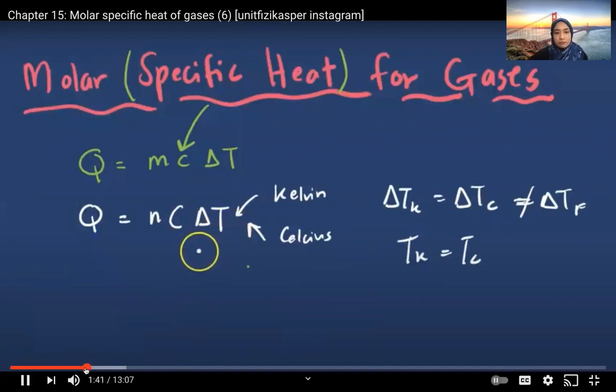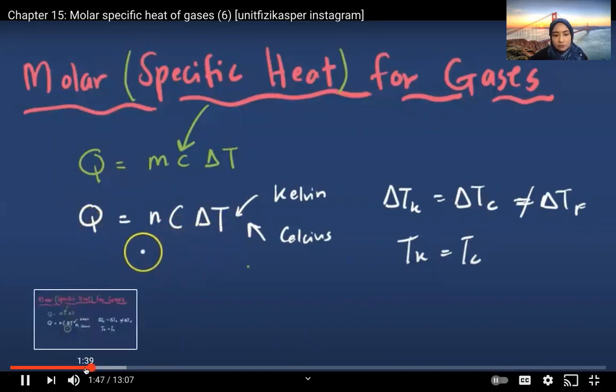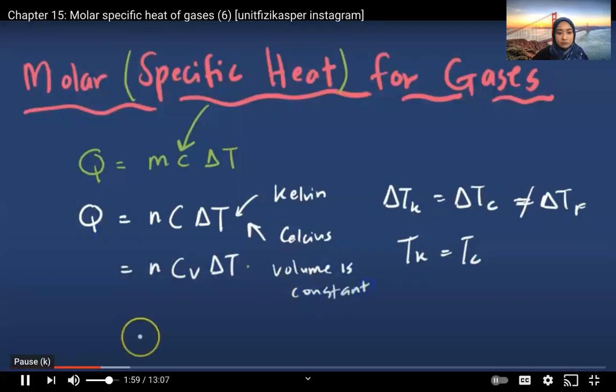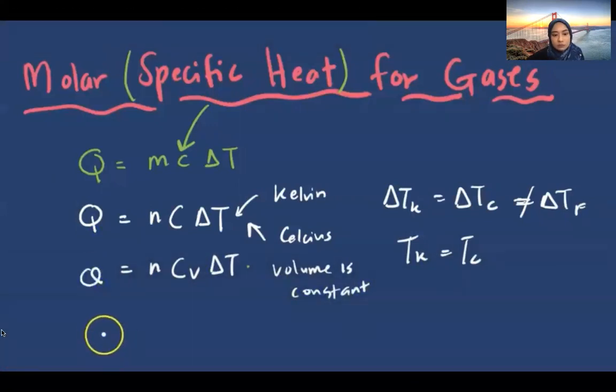So Q equals NC delta T. For gases, we have two C's. One is Q equals NCV delta T. This is when the volume is constant. And another one would be Q equals NCP delta T. And you guessed it, this is when the pressure is constant.